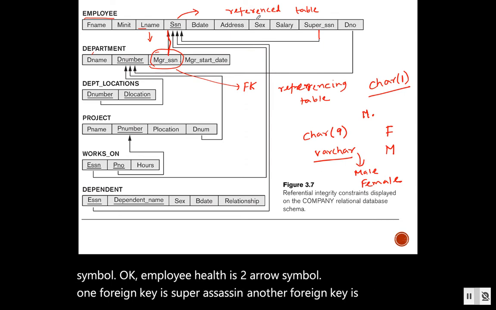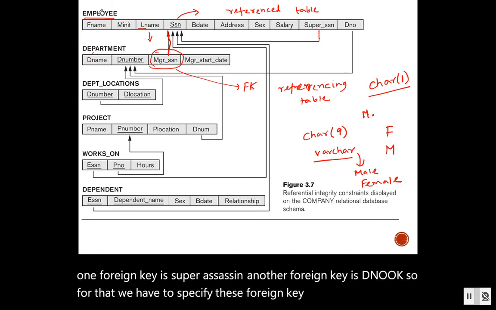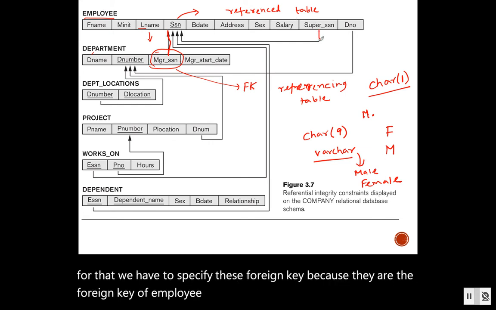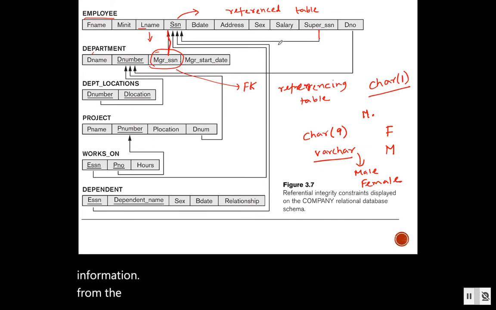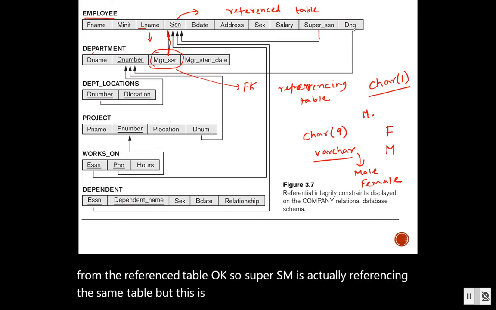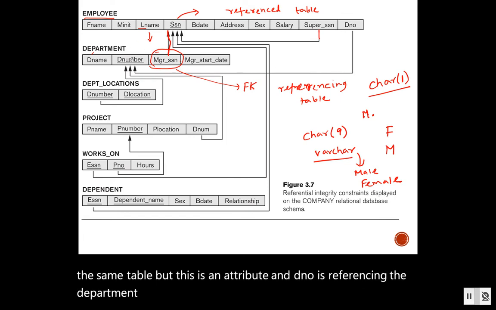Okay, so for that we have to specify these foreign keys because they are the foreign keys of the employee table, and we need the information from the referenced table. Super SSN is referencing the same table but the SSN attribute, and DNO is referencing the department table Dnumber attribute.